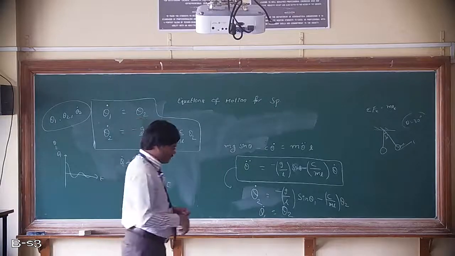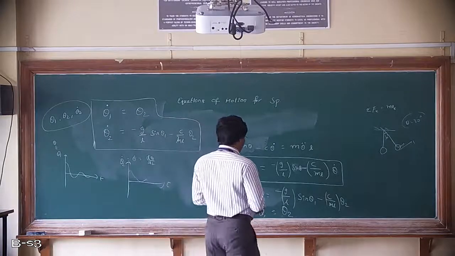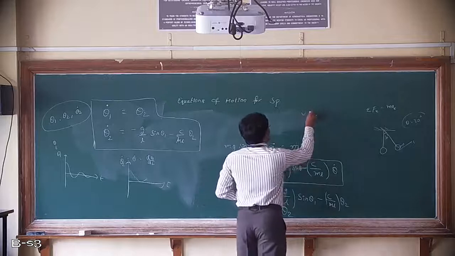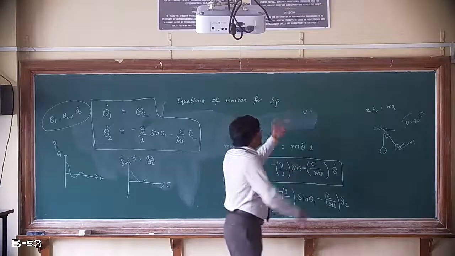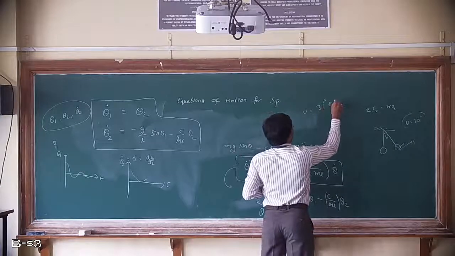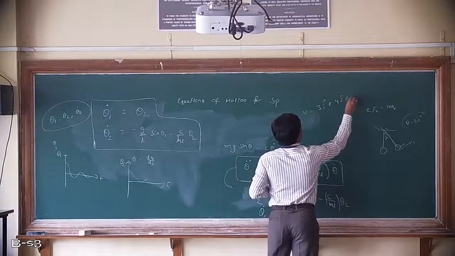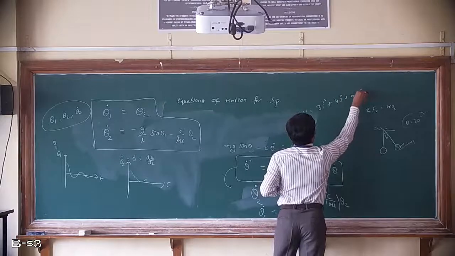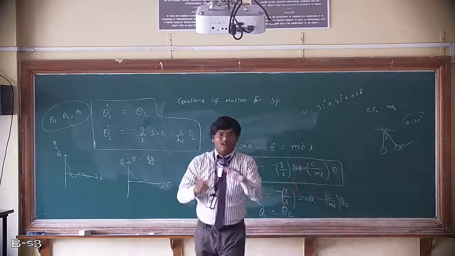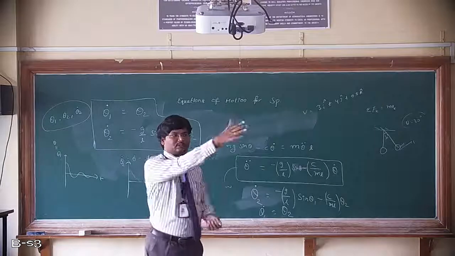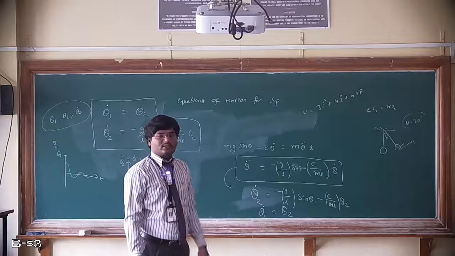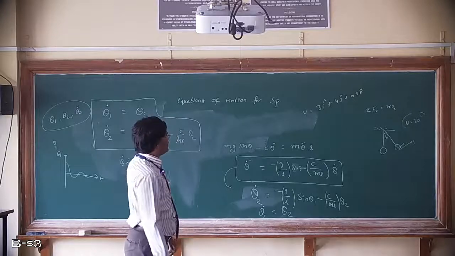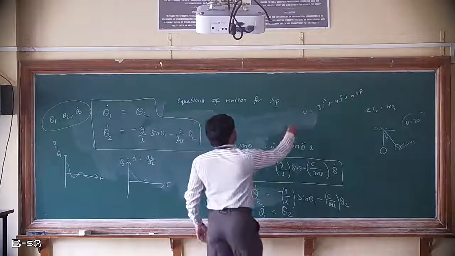For example, if I give the velocity of the aircraft as 3i bar plus 4j bar plus 0.5k cap in 3D space, what is meant by this? Is this enough to define the aircraft?